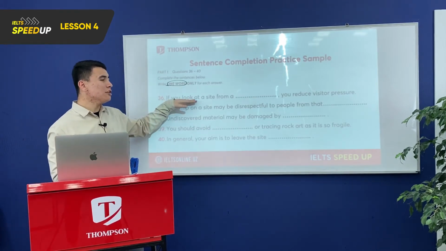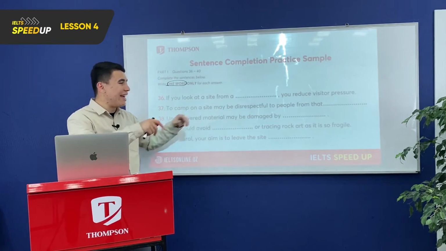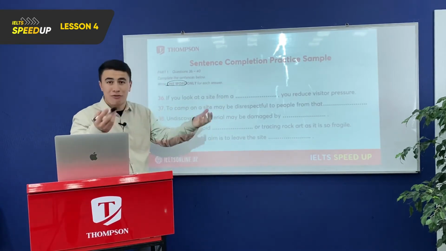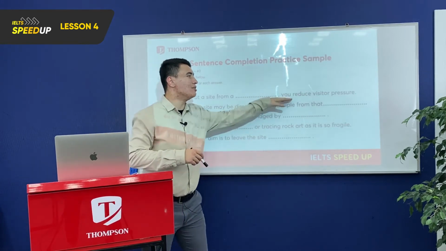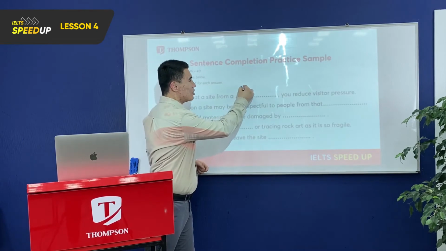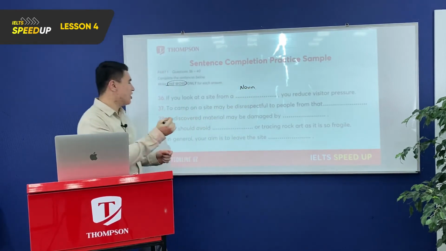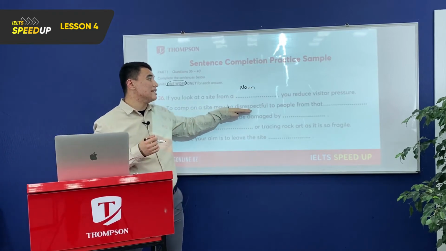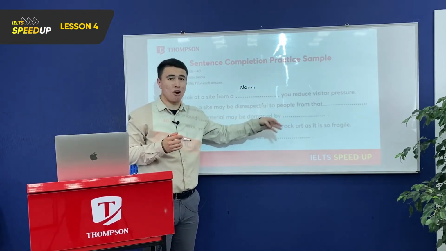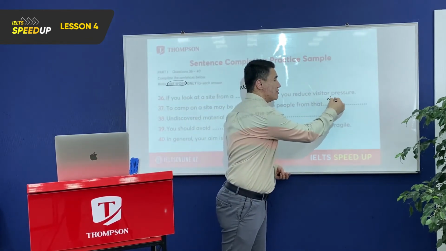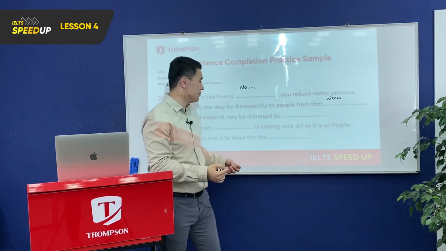If you look at a site, at this place, from maybe a distance or from some other place, you reduce visitor pressure. So here we need a noun. Next, to camp on a site may be disrespectful to people from that. Again, we have to write a noun here.